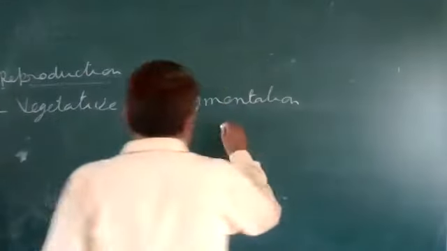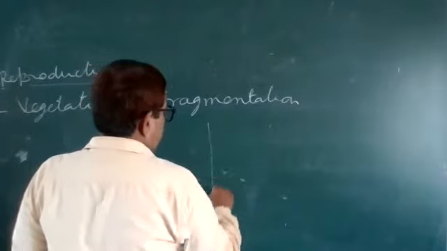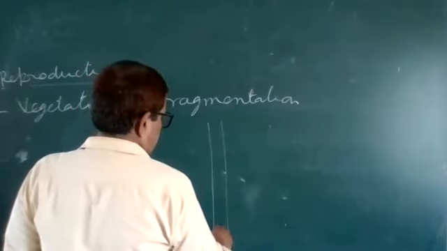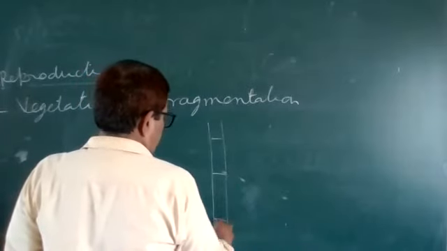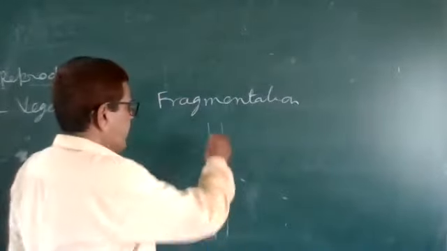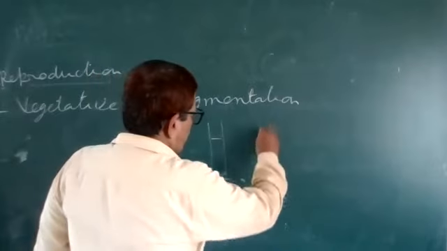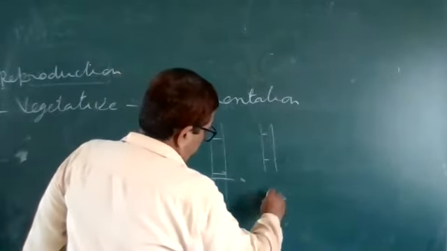Suppose this is a filamentous alga, for example Spirogyra, and it breaks into two pieces.